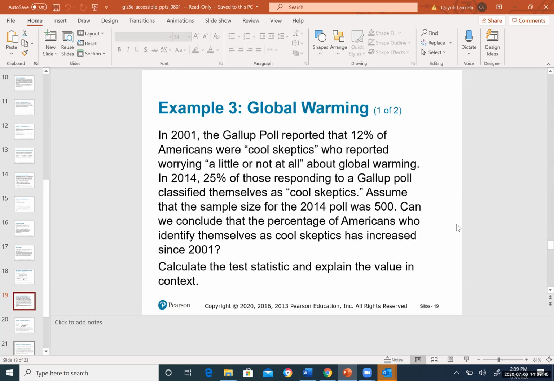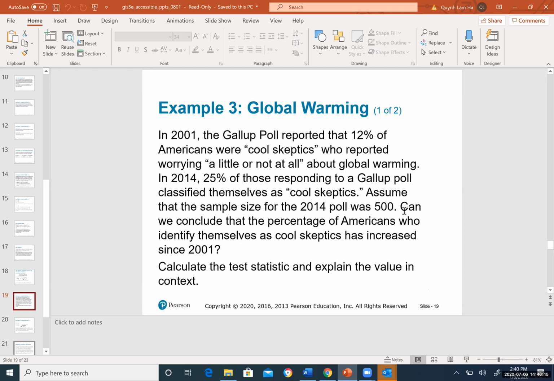So now you can go back to 12%. So you got P hat 25%. Your P naught will be 12%. So keep reading sentence number 3. Assume that the sample size for the 2014 poll was 500. So this is your N, right? N will be 500. So you write it down.